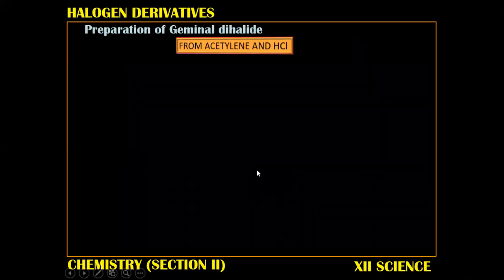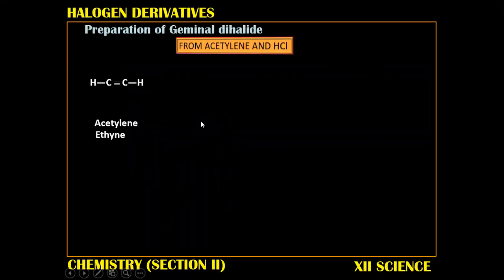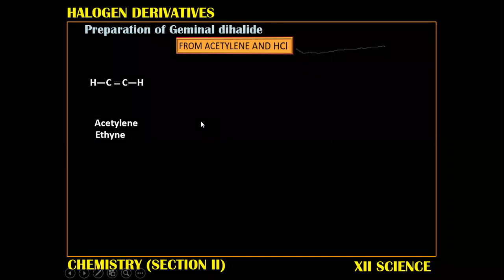Now see here. In acetylene, this won't be there for HSC. Only NEET JEE they'll ask you. Acetylene when reacted with HCl. Now see, one side hydrogen will attach and one side chlorine will attach.